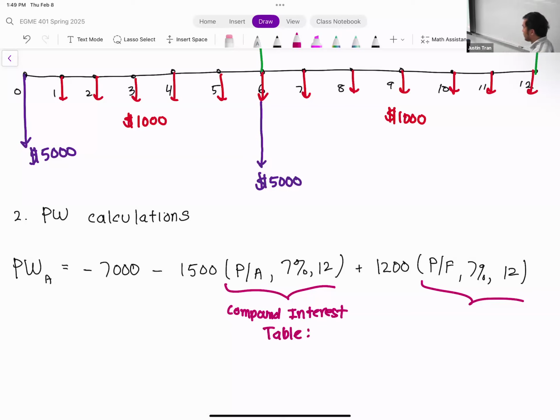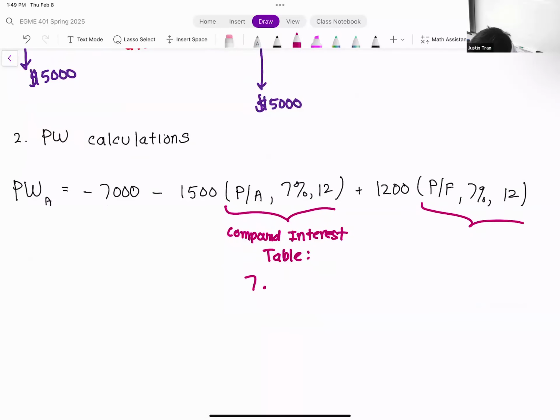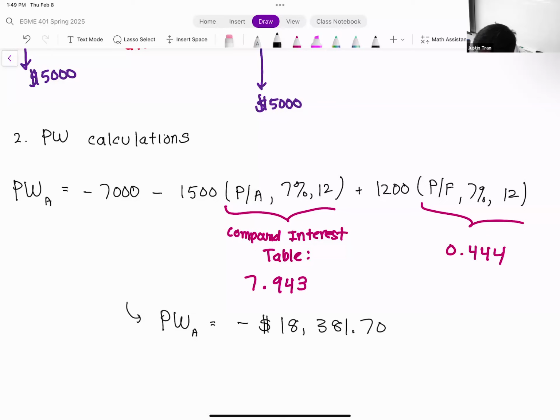In the compound interest table, this gives us a value of 7.943. And the P over F is 0.444. And so the present worth of pump A, we just punch that into a calculator, we get minus $18,381.70.